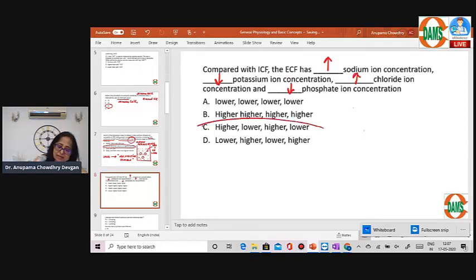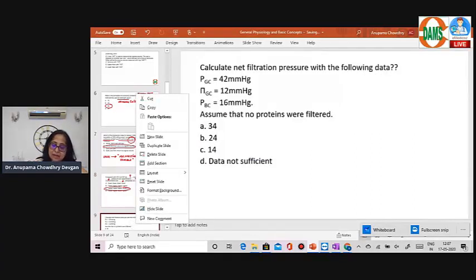So my answer is C. Right? Answer is C. So there is higher sodium, lower potassium, more chloride, and lower phosphate. Okay. Let's see the next one.